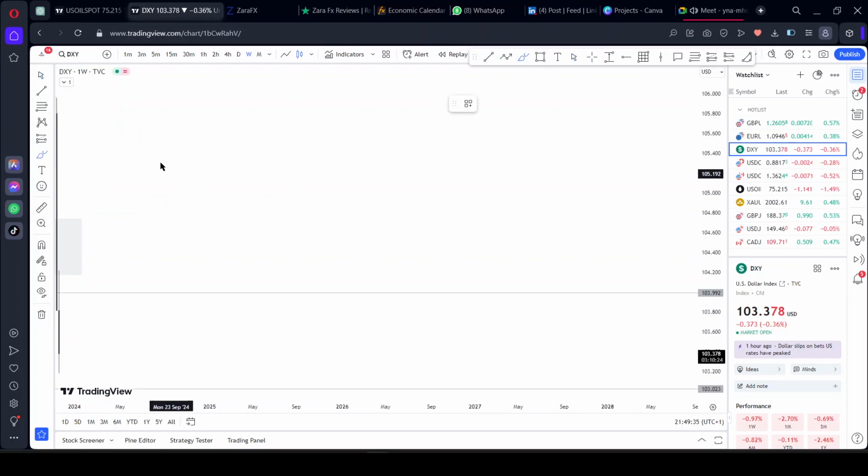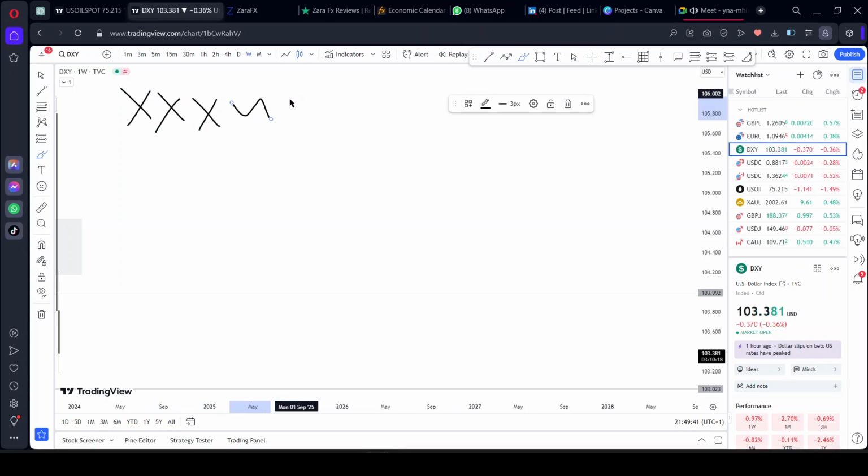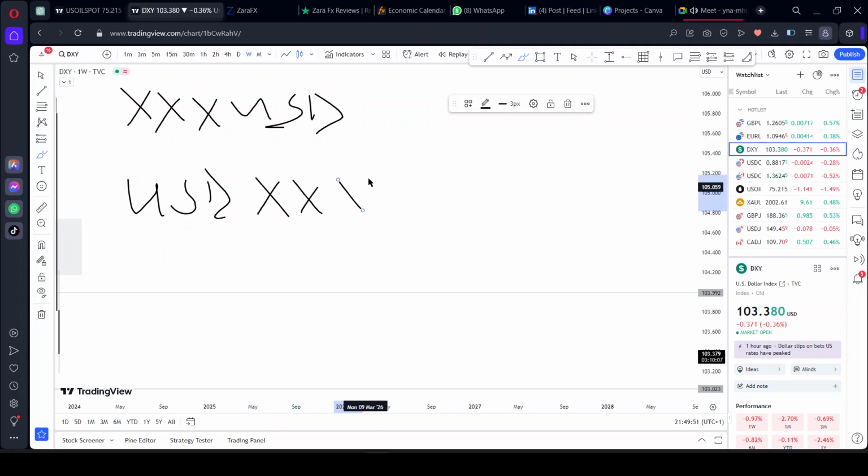It's very simple. There is what we call XXX USD pairs. So what are XXX USD pairs? They are a phenomenon where other currencies are paired together with the USD.